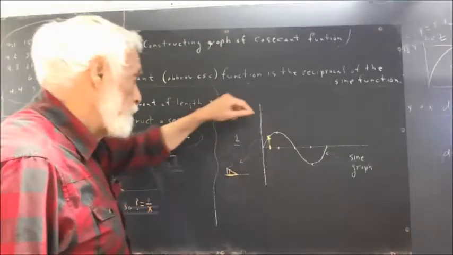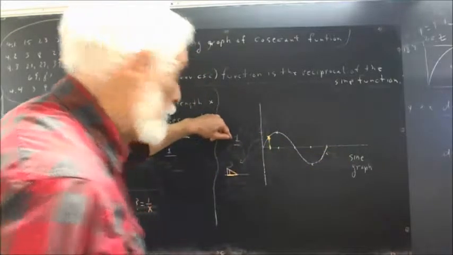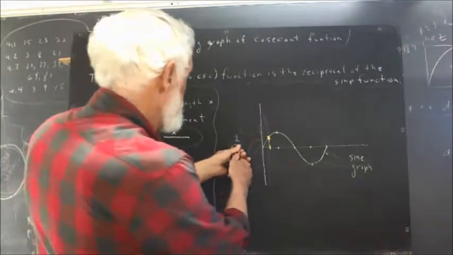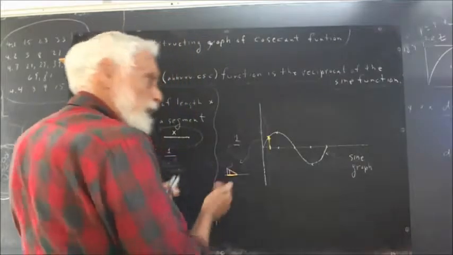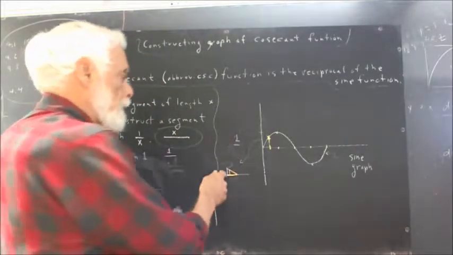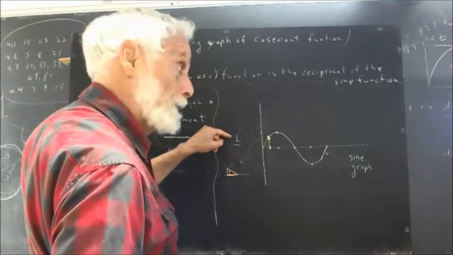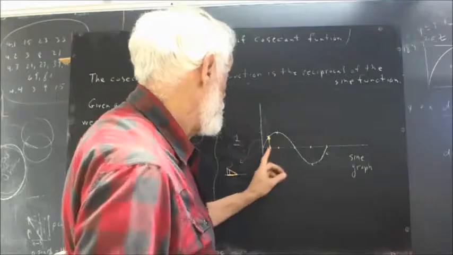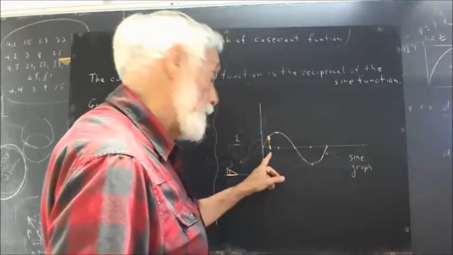Okay, so here we have our graph of the sine. Here we have our unit 1. Now I take that unit and I construct, well, I'm not constructing, I'm just sketching, but right here is our vertical leg, which corresponds to the unit length. Here's our position on the horizontal axis.